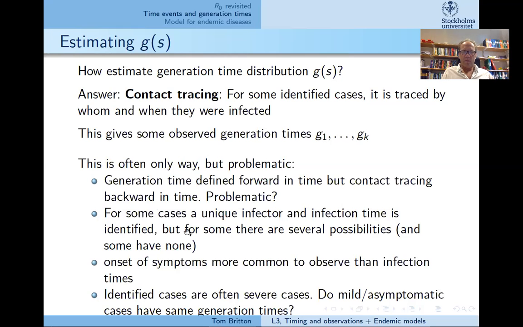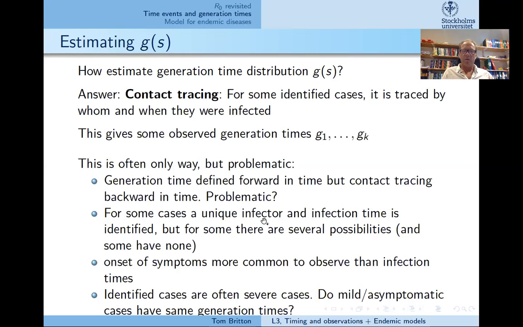Another problem is that if you do this contact tracing, sometimes you find that there is only one certain infector, maybe 7 days ago. If it's COVID-19, you met maybe your uncle 7 days ago and he was coughing heavily, so then you expect that this was the time when I was infected, 7 days ago.